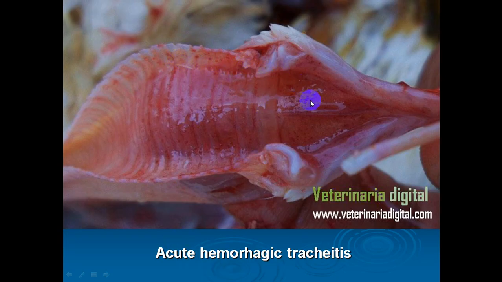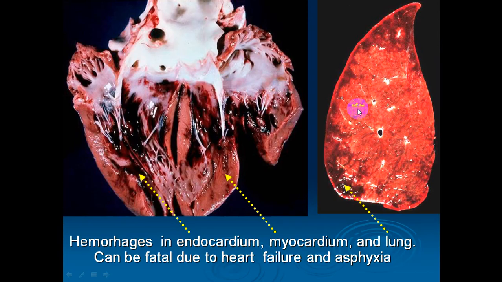This one here, you can see pinpoint hemorrhages in the cases of inflammation in the trachea and larynx. This is an early case of ILT. Hemorrhages in the endocardium here. Okay, and also hemorrhages in the myocardium. And this is hemorrhages in the lung.